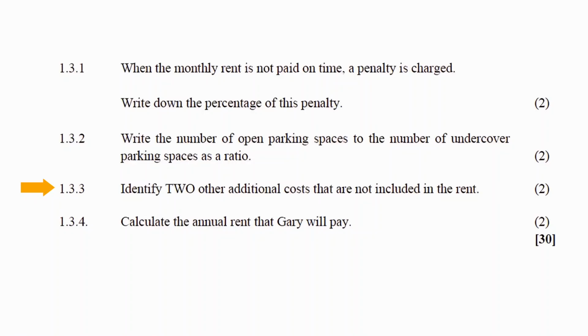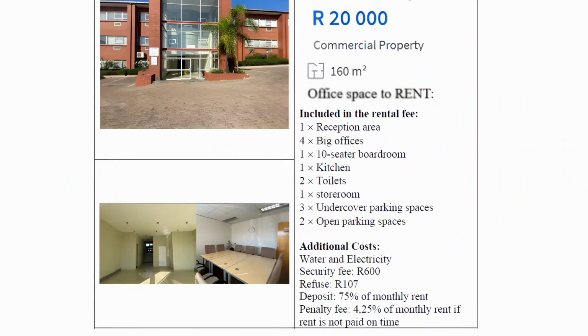In question 1.3.3, you have to identify 2 other additional costs that are not included in the rent. Additional costs that are not included in the rent are water, electricity, refuse, security fee, and parking. Any 2 of these costs are acceptable answers.